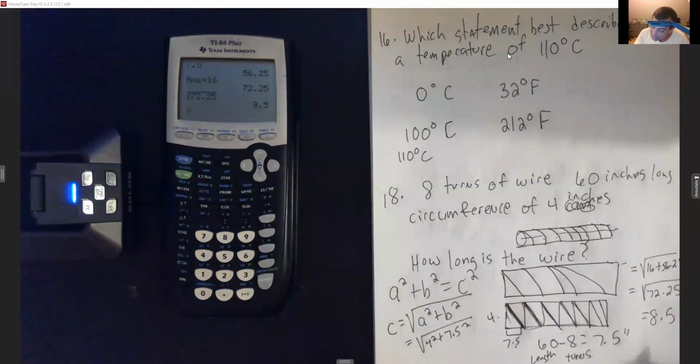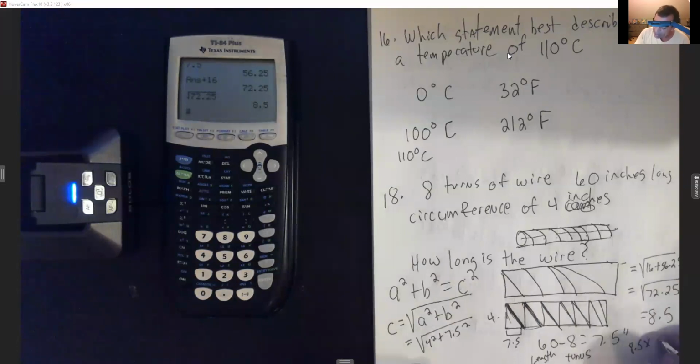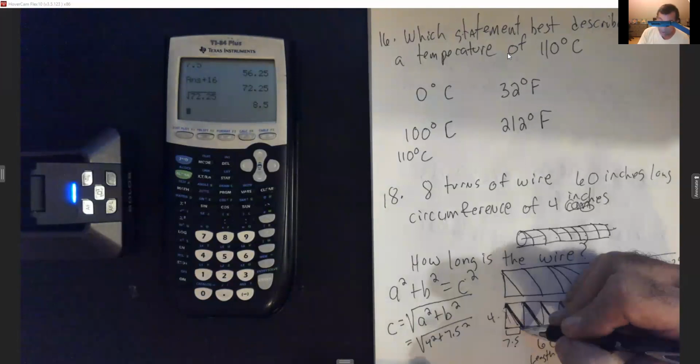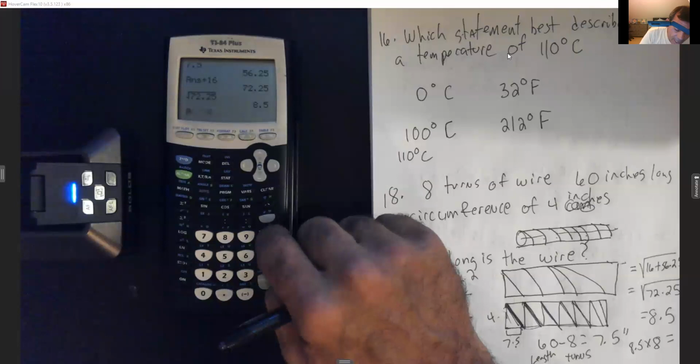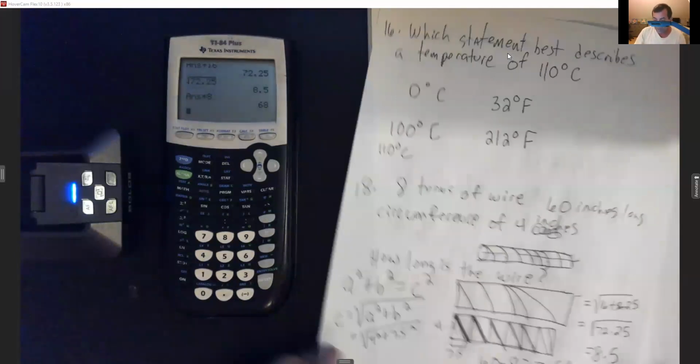So you would finally take the 8.5, multiply that times 8, because I really found just one turn doing that, right? You had 8 of those, so 8.5 times 8 will give me a length of 68 inches for my wire.